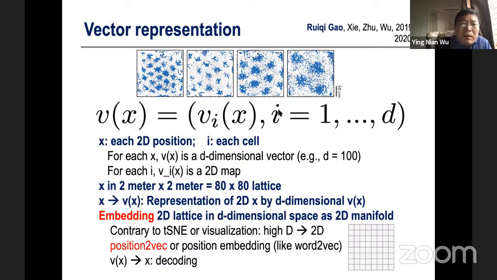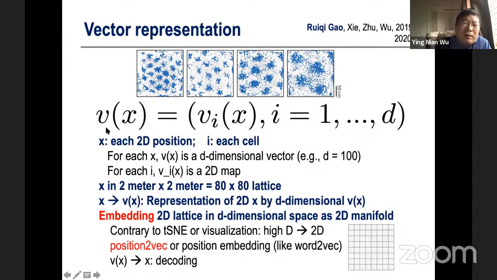And here V consists of D cells. D stands for dimension, so D can be very big. In our work, we use a smaller number, for example, D equals 100. And we use I to denote each cell, so each I denotes a grid cell.